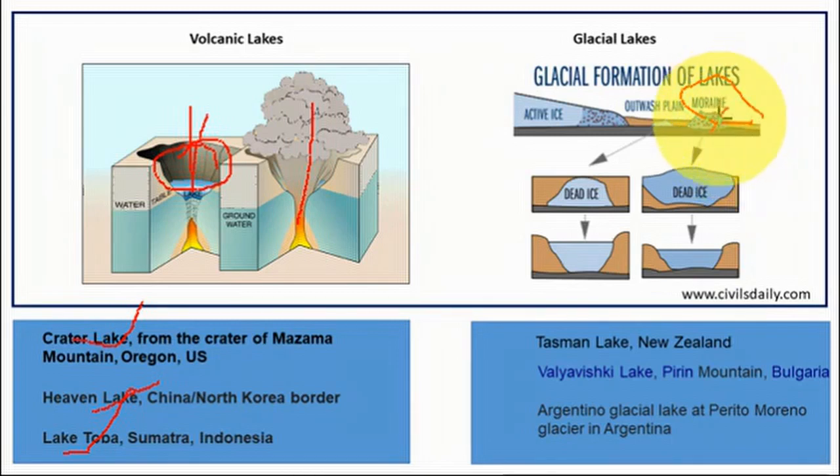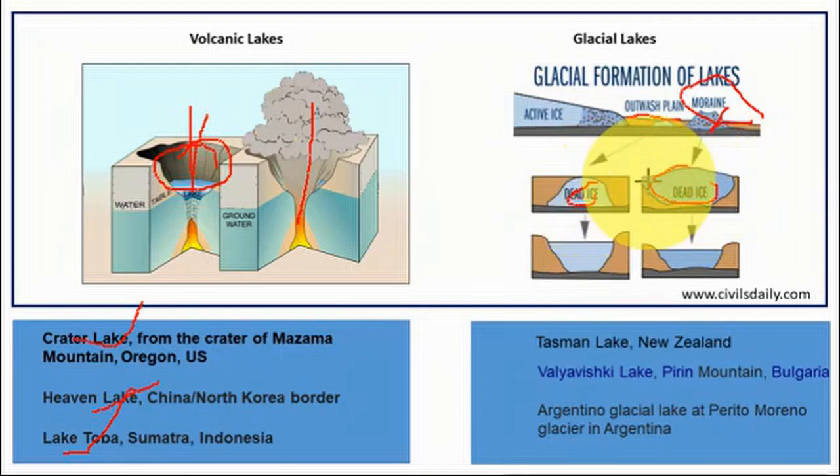So this is forming a blockade, and slowly the glacier's ice is reduced, and there is an exposure of landmass, and this landmass has trapped some dead ice in between.